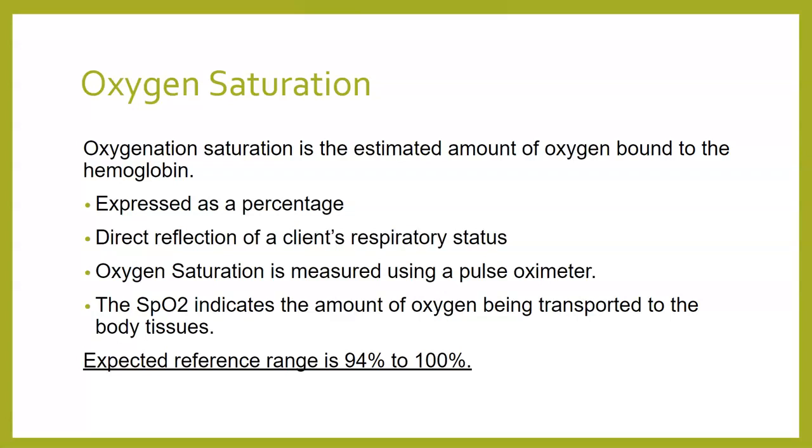So you want to know what normal is. Most of the time it's going to be 94 to 100%, but if someone does have COPD, they may run 88%, and that's normal for them, and we're okay with that. Otherwise, it needs to be higher than that.